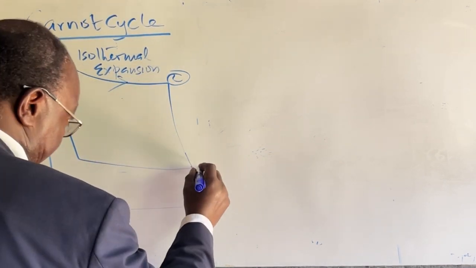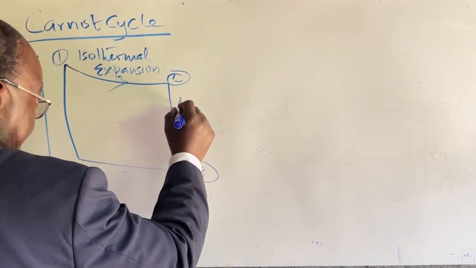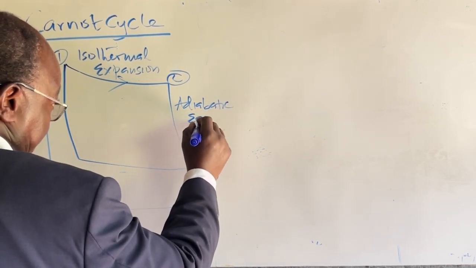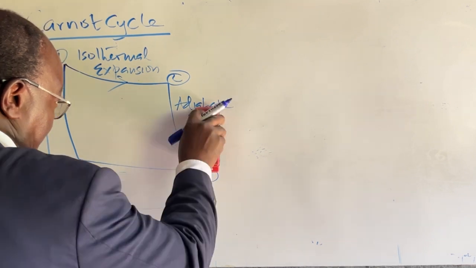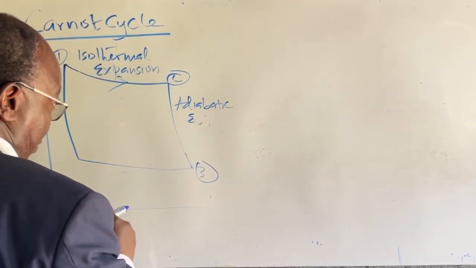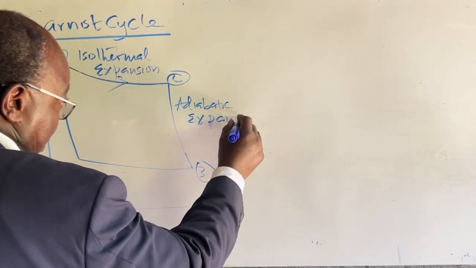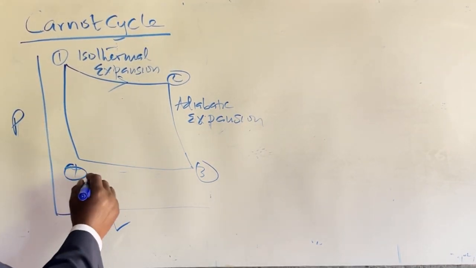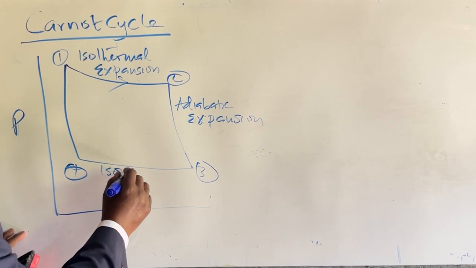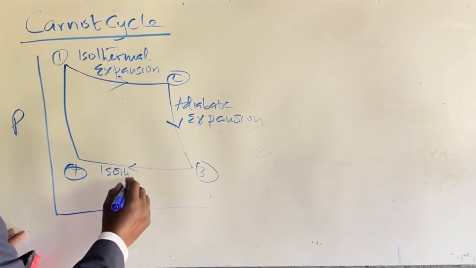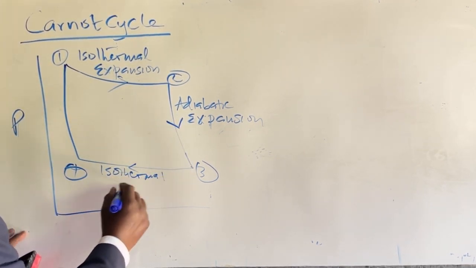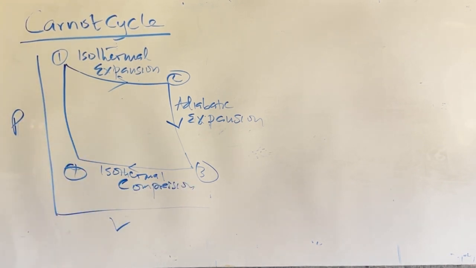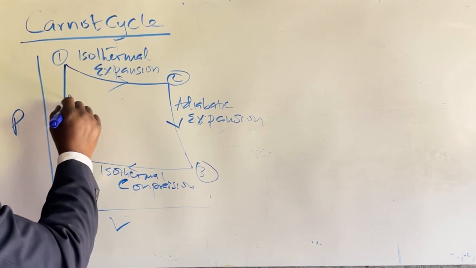State 2 to state point 3 is adiabatic expansion. State point 3 to 4 is isothermal compression. And 4 to 1 is adiabatic compression.